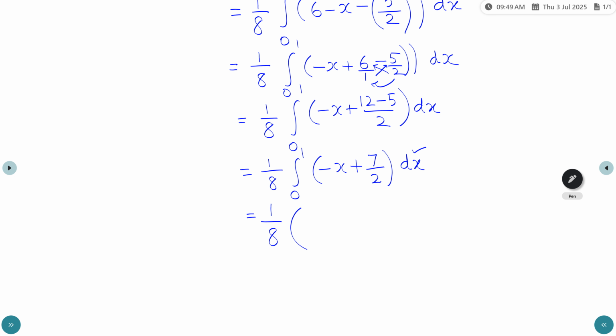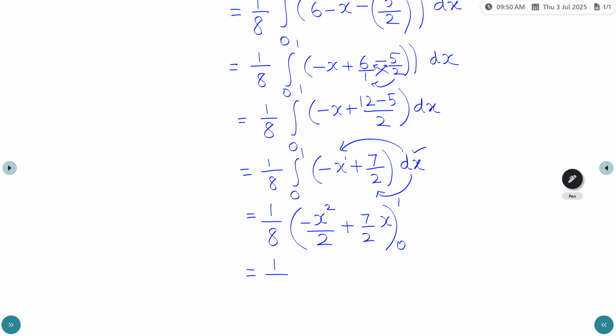So minus x dx integration value will be minus x to the power 1, meaning 1 plus 1, that is 2, by 2, x squared by 2, plus the constant term 7 by 2 into x. The upper limit is 1, the lower limit is 0.